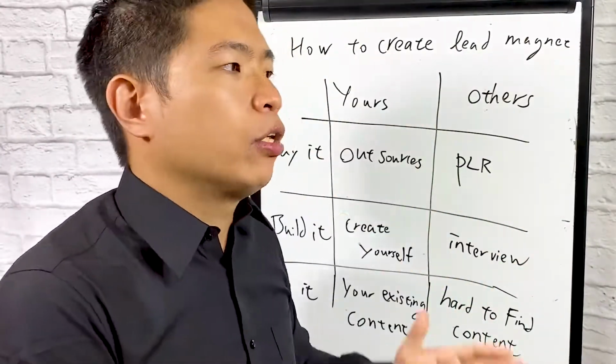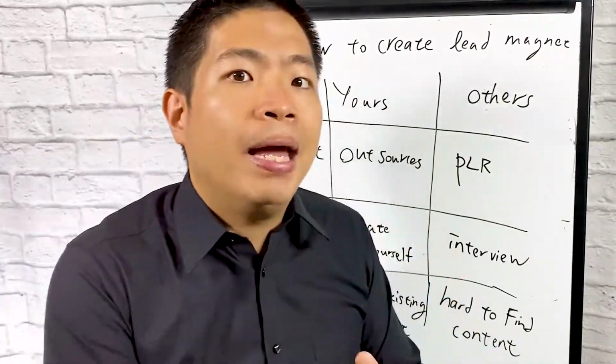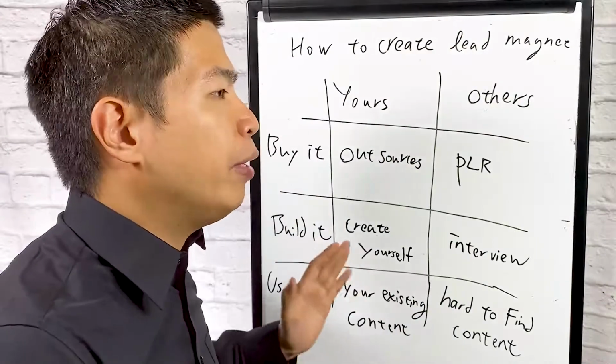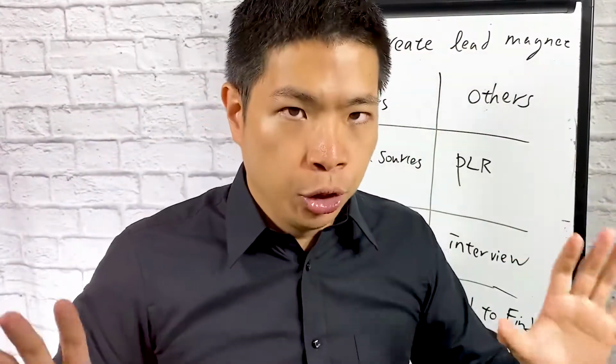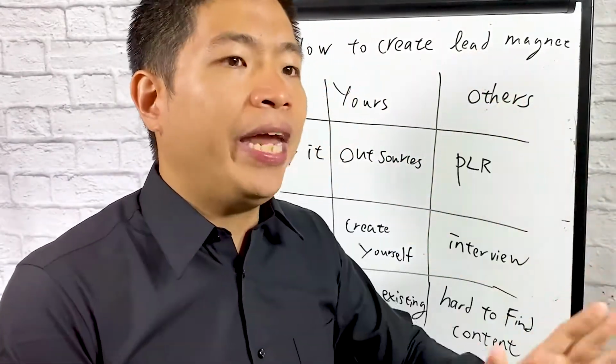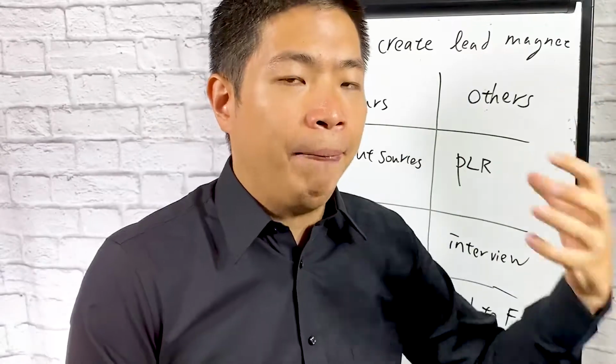Go find them. So right now you give away the members area as your lead magnet. And in the members area, all the videos are from YouTube. And trust me, it's totally legit, because when they publish on YouTube, they're giving away the right so that you can embed those videos on your site.